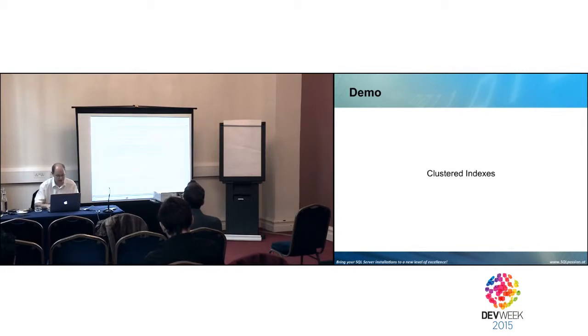I create here a new database, and I create a simple table. Every record in that table is 400 bytes long, which means we can store on one page of 8 kilobytes up to 20 records.